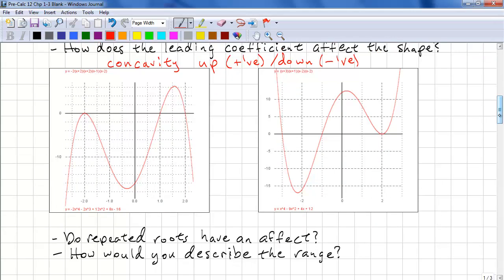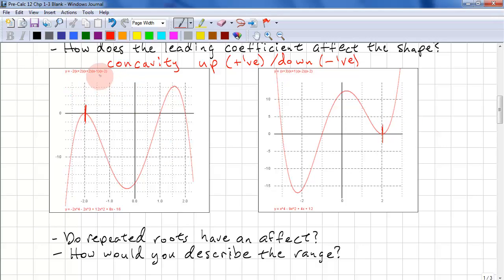Let's look at some slightly different quartics. Negative 2x to the 4 and x to the 4 again. However, if we look at it in factored form, we have repeated roots. X plus 2 occurs twice. Here, x minus 2 occurs twice. So at negative 2 and at 2, it touches the x-axis and doesn't cross.